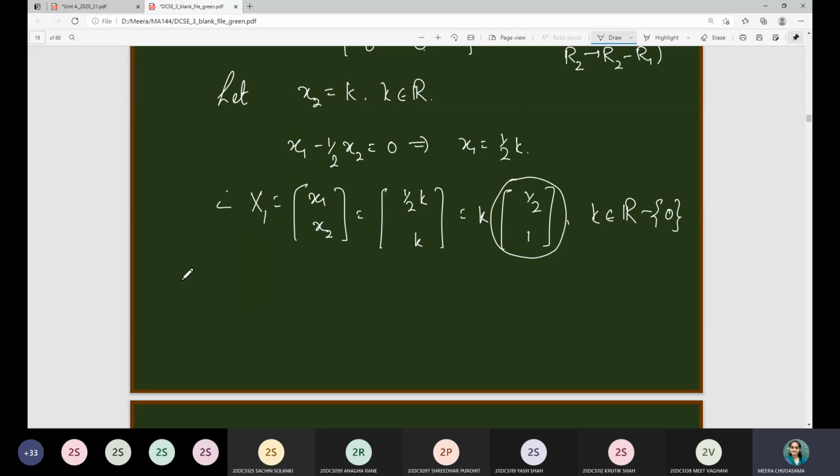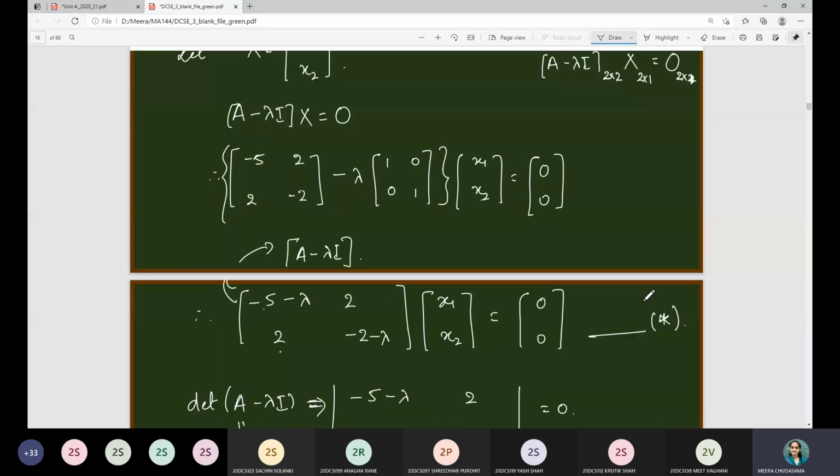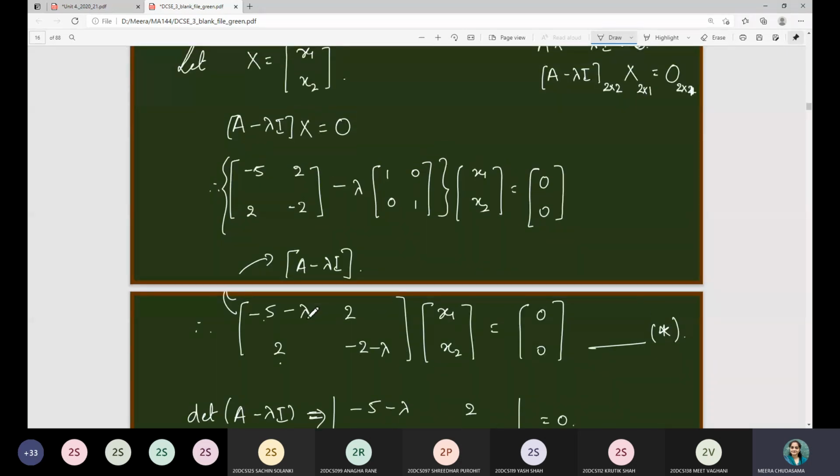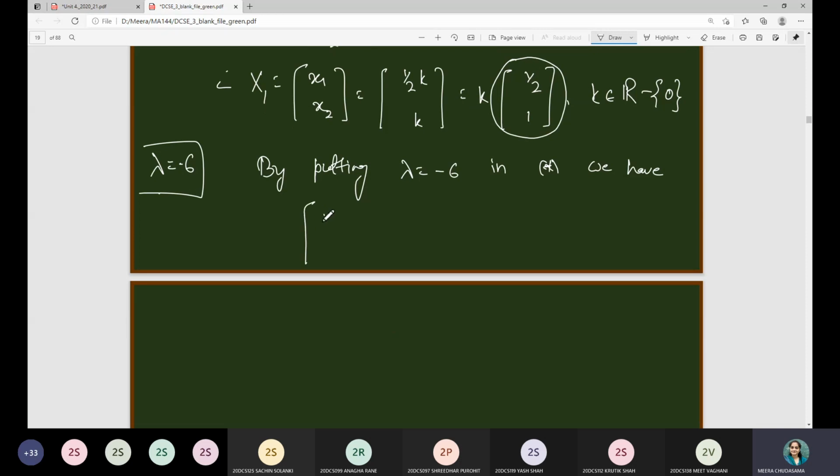So that is one. Now corresponding to lambda = -6. By putting lambda = -6 in star, we have, here in the star expression, we put lambda = -6, so this is [1 2; 2 4][x1; x2]. So [1 2; 2 4] will remain the same. The right-hand side [0; 0] will also remain the same.